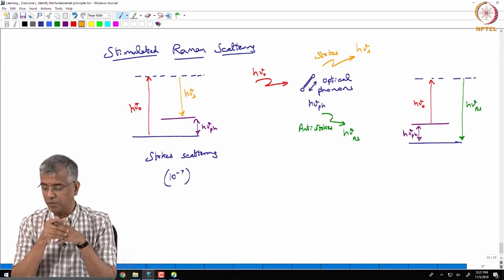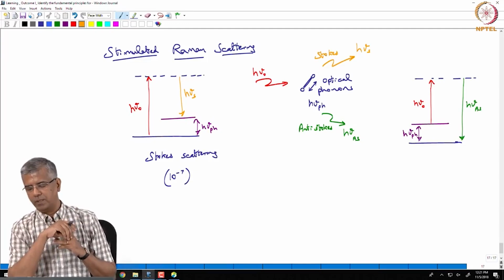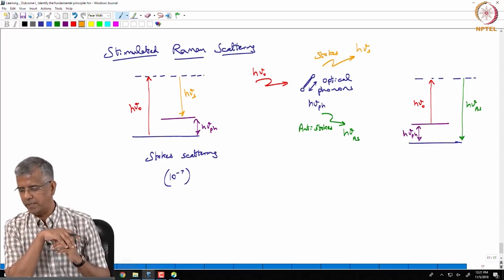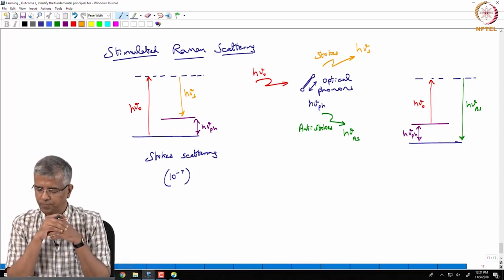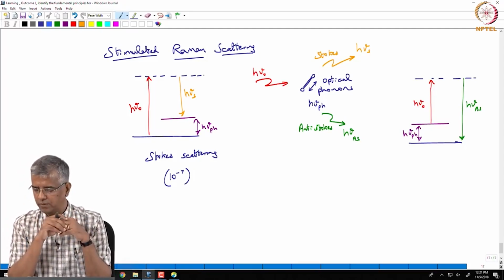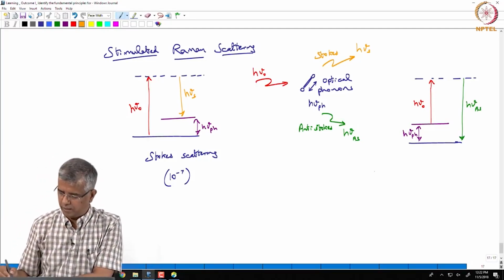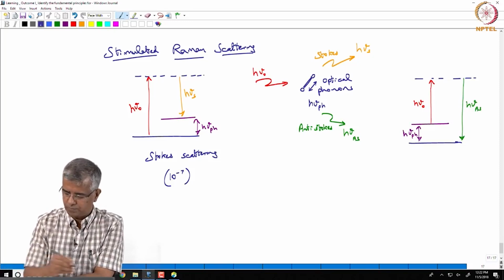Okay. So specifically, if you are counting the number of photons in the Stokes and the number of photons in the anti-Stokes for a given power incident on that material, then you can look at the ratio of the two.